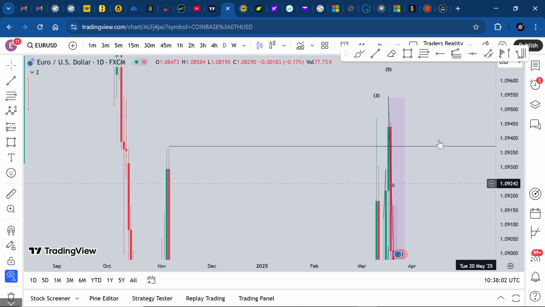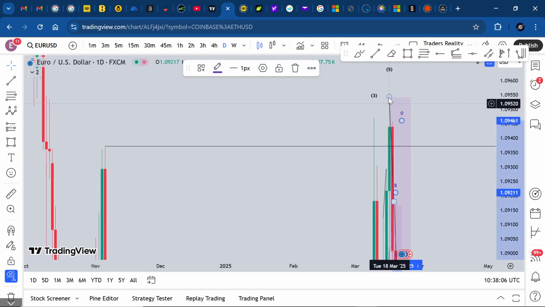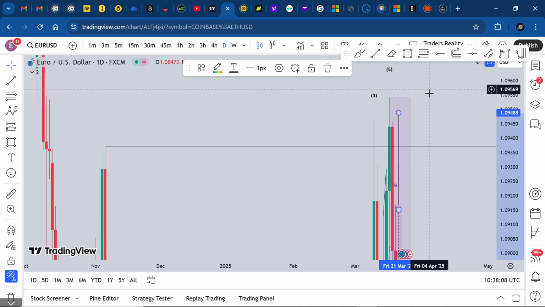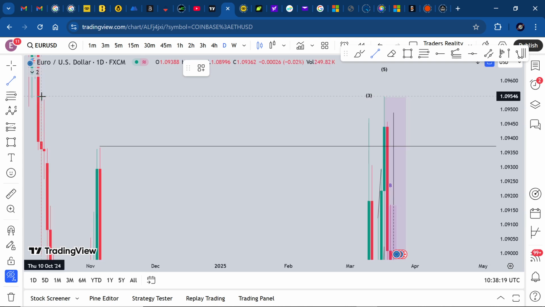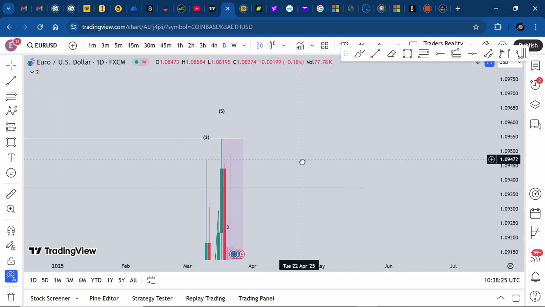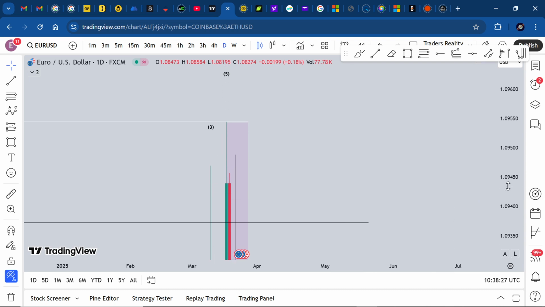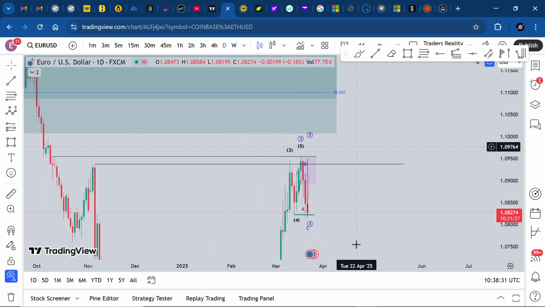Now it appears to have created equal highs between this candle's high and this candle's high. Yep, that is very close. There are some relative equal highs.